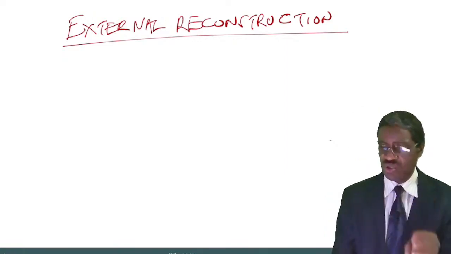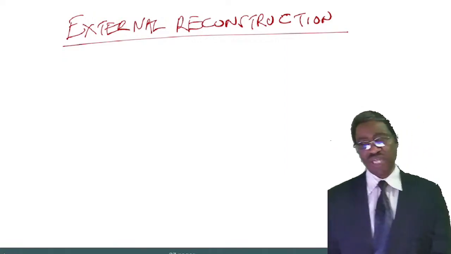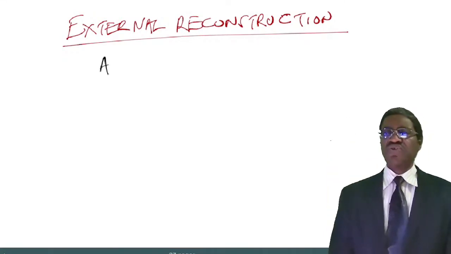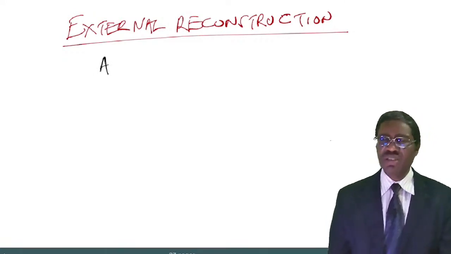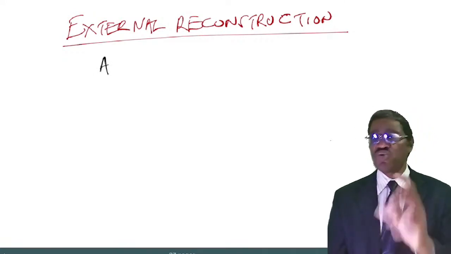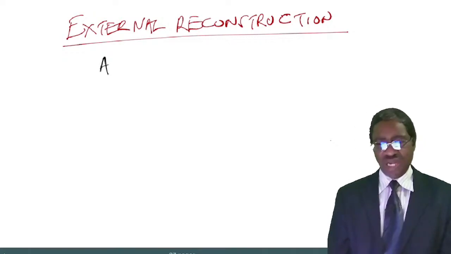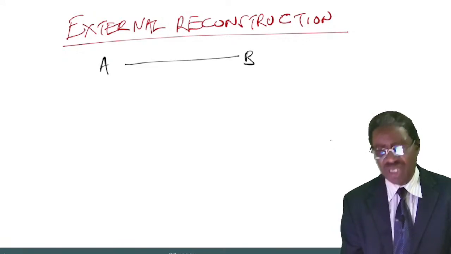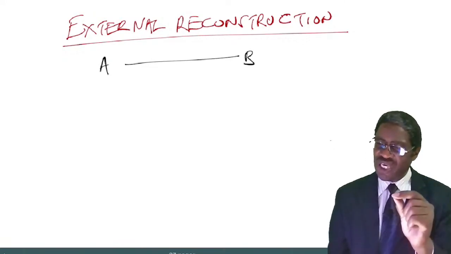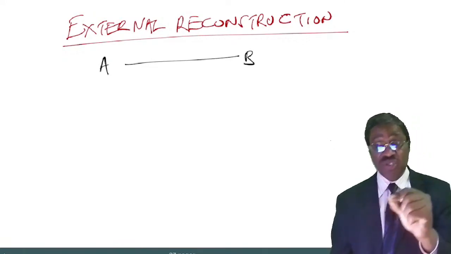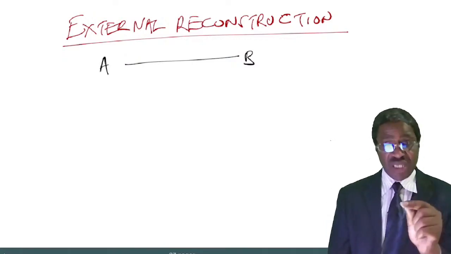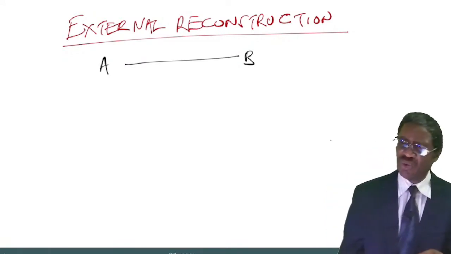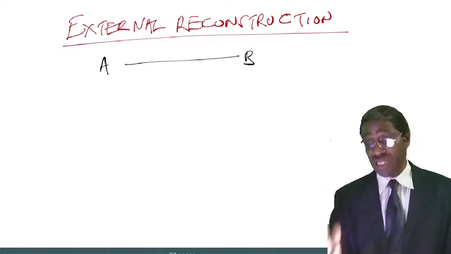So let me introduce it. Now, assuming you're a company called A, and you're the company being reconstructed, and you want to reconstruct yourself through external reconstruction. Last time I told you, another company, let's call it company B, will have to come in and buy the business of company A. We said when it comes to external reconstruction, one company will sell their business to another company.